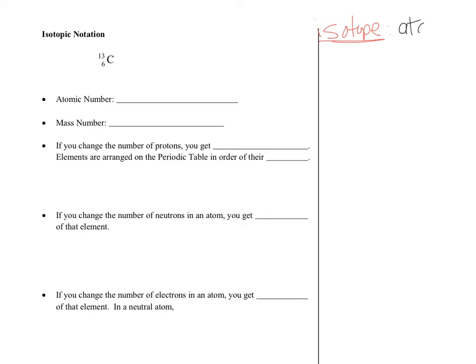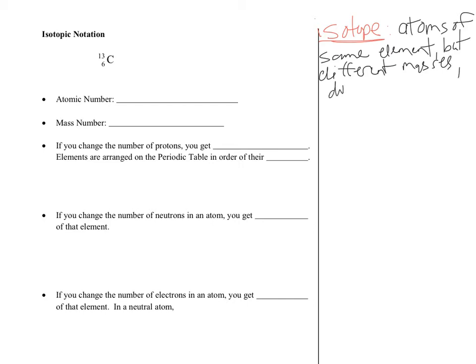Well, isotopes are atoms of the same element, but they have different masses. So they act the same, but they have different masses, and the reason is that they have different numbers of neutrons.